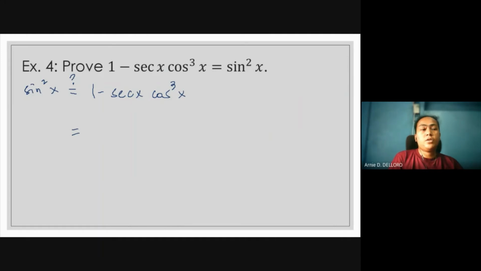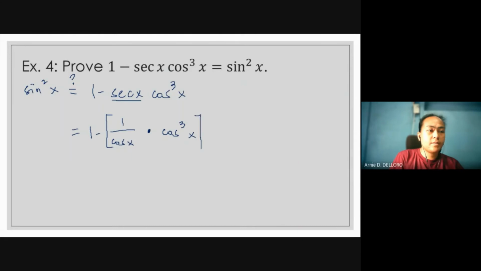So yung secant, pwede natin siyang i-express as 1 over cosine x times, okay? Lagyan natin ito sa grouping symbol para hindi kayo malito. We have cosine cube x.